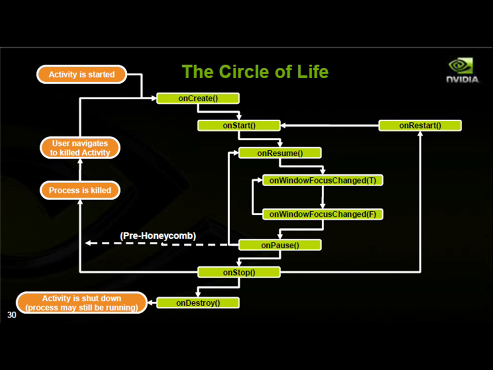All of these can be overridden in the code, so you can keep track of where the program is, like the counter, the pointer of the game, where it is in terms of execution. So that's basically your circle or your activity cycle in Android.